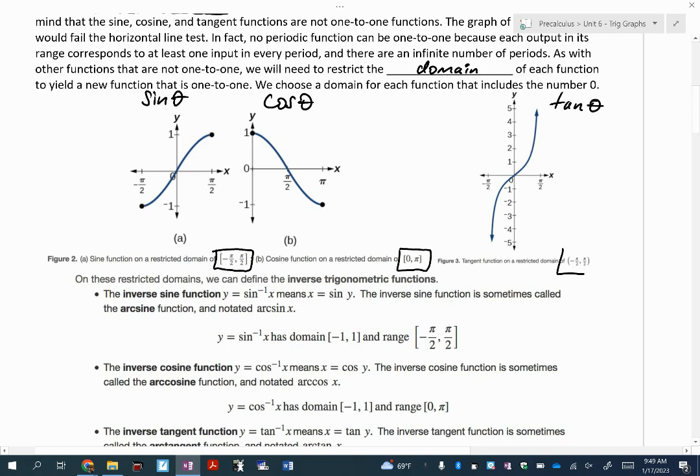The only thing you need to know about this restricted domain is that it doesn't include brackets. If you remember from when we graphed this a few lessons ago, we have asymptotes at pi over 2 and negative pi over 2. That's why you'll notice the other two have brackets, but for tangent, that restricted domain has parentheses.